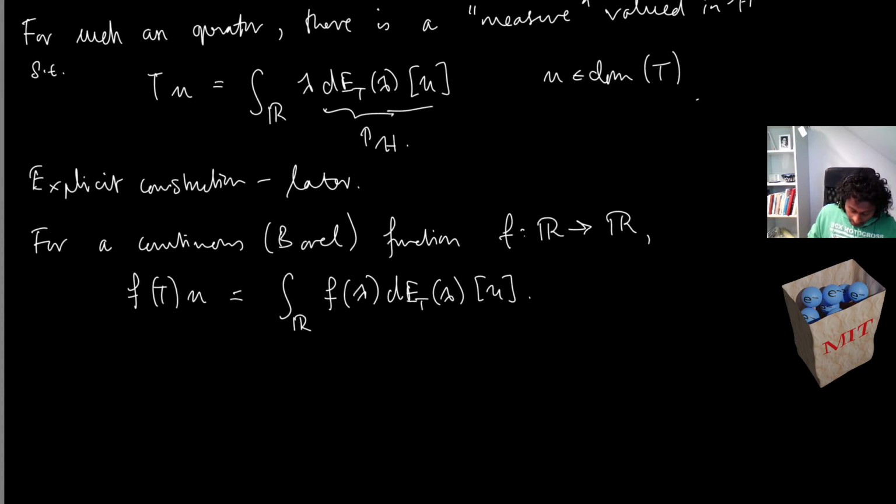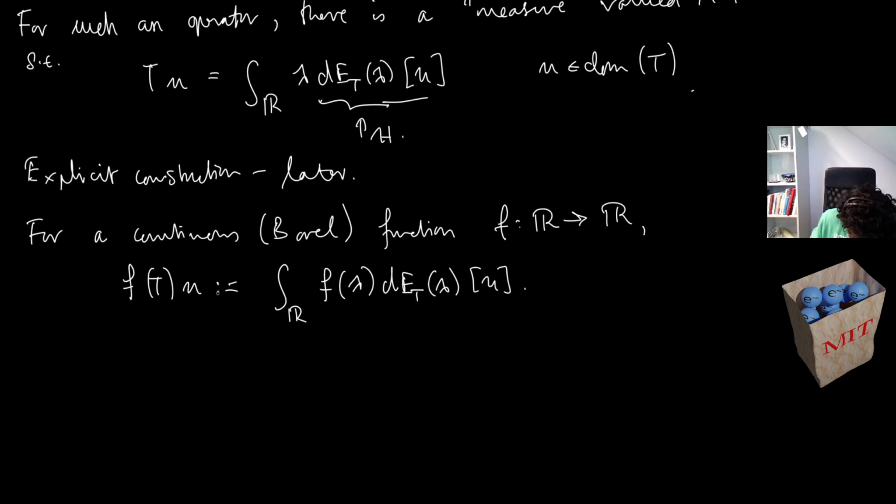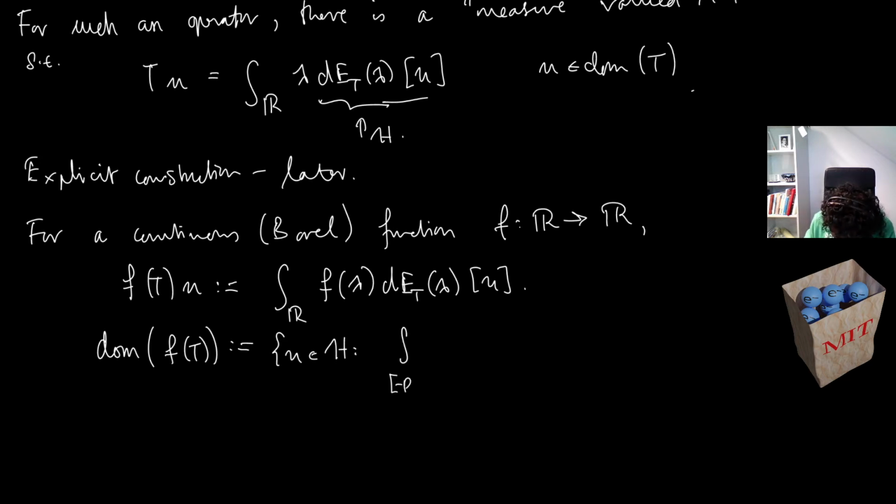Okay, so what's the domain of this operator? So the domain of f of T is going to be equal to the u in H such that, well, we can make this a principal value argument.